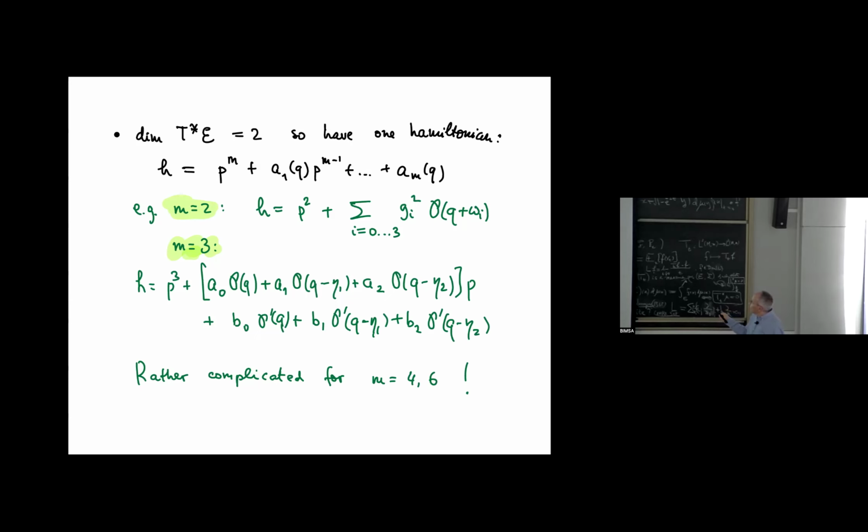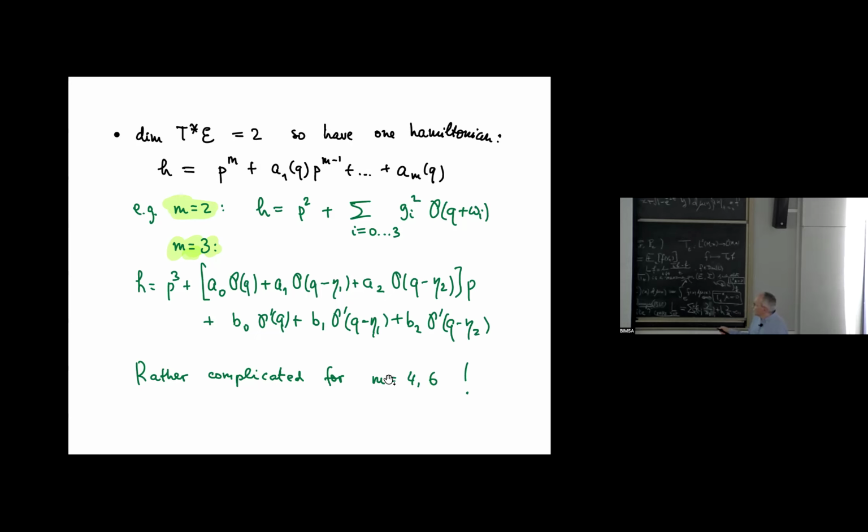And if m is 3, you get a cubic Hamiltonian of this form. So you have 3 terms appearing in front of P and 3 terms appearing in the coefficient of degree 0. So 6 parameters here you get, and eta 1, eta 2 are those red points which we saw in the previous picture, fixed points for the action of the group.